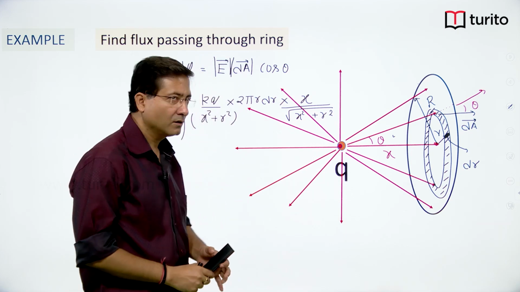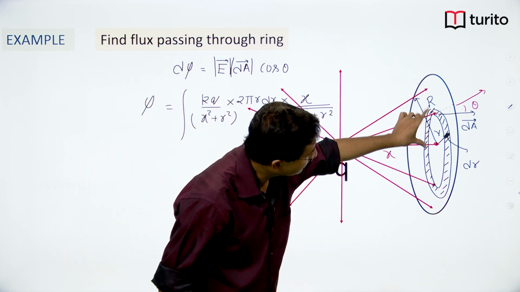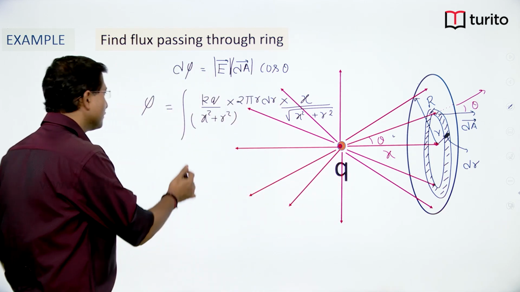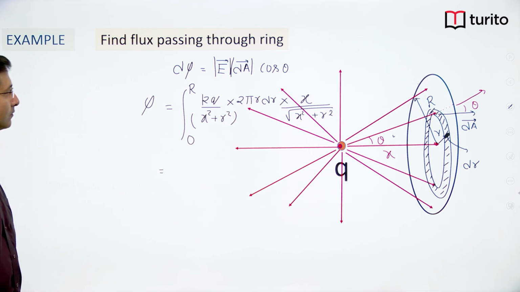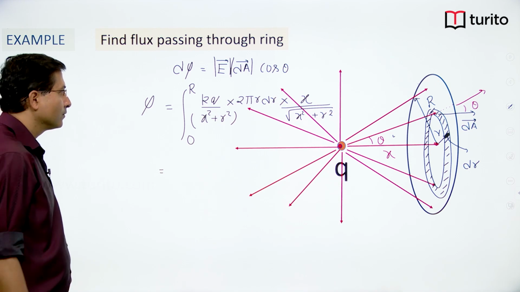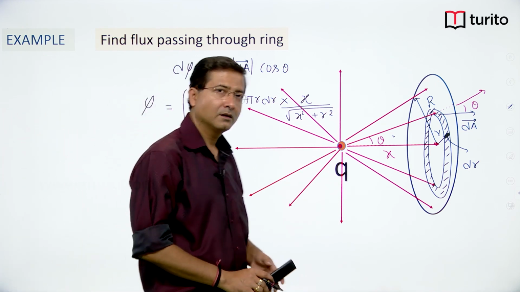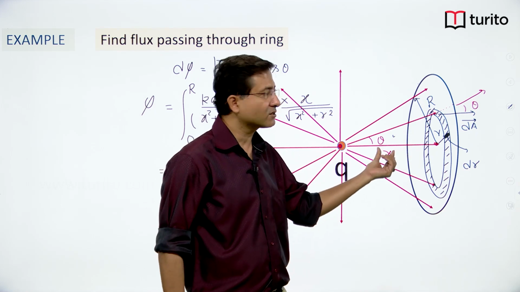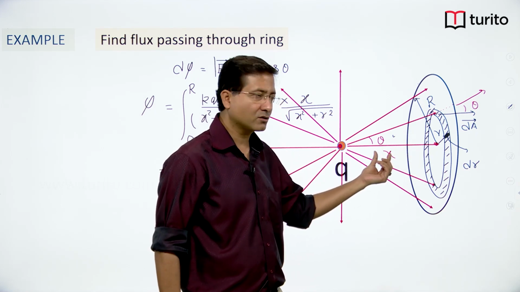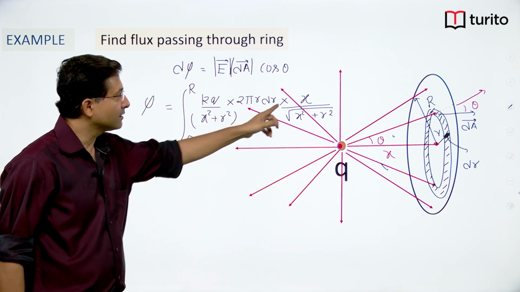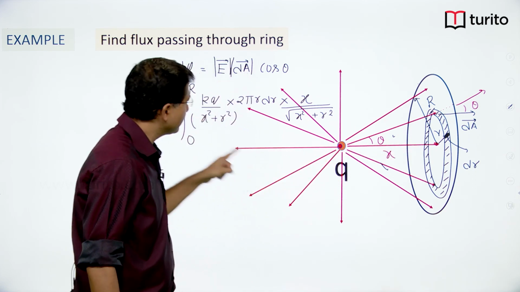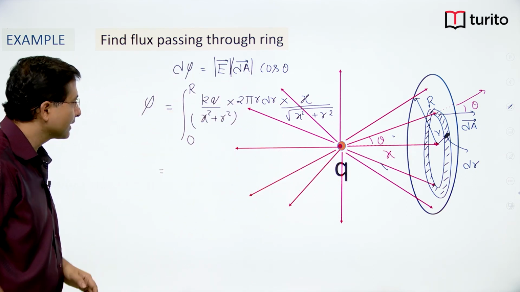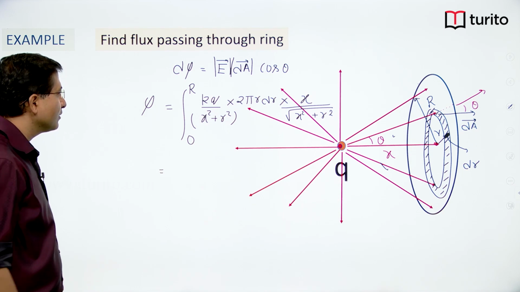The limit will be from 0 to capital R. Now, what are the variables? The charge is kept at a fixed distance, x is constant. So, here this x is constant, this x is constant, the only variable is radius, and for radius I have put the limit 0 to capital R. Let us take the constants out and simplify.